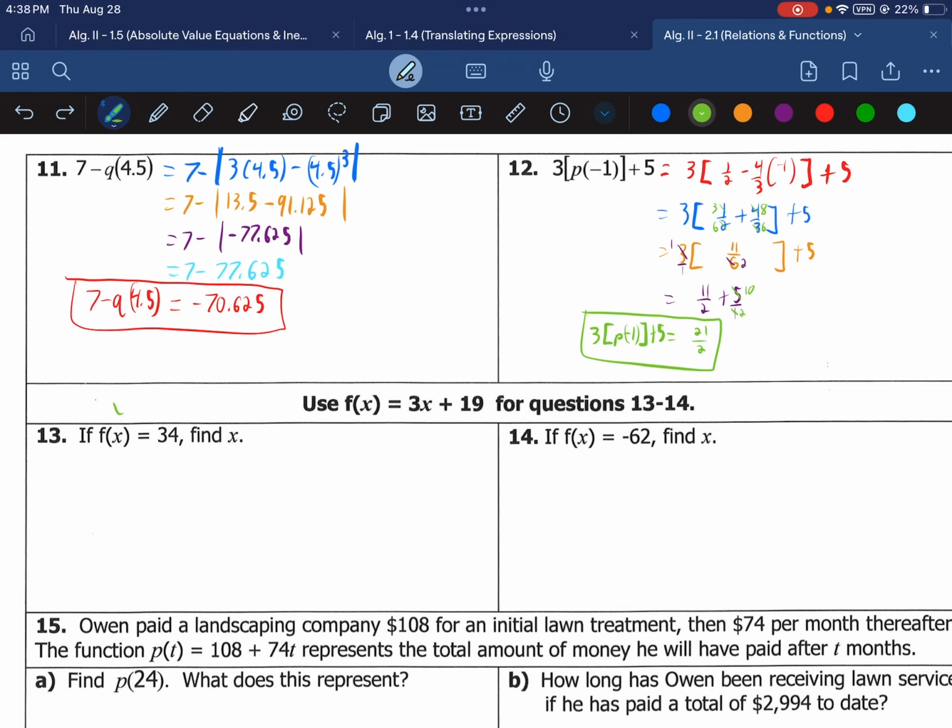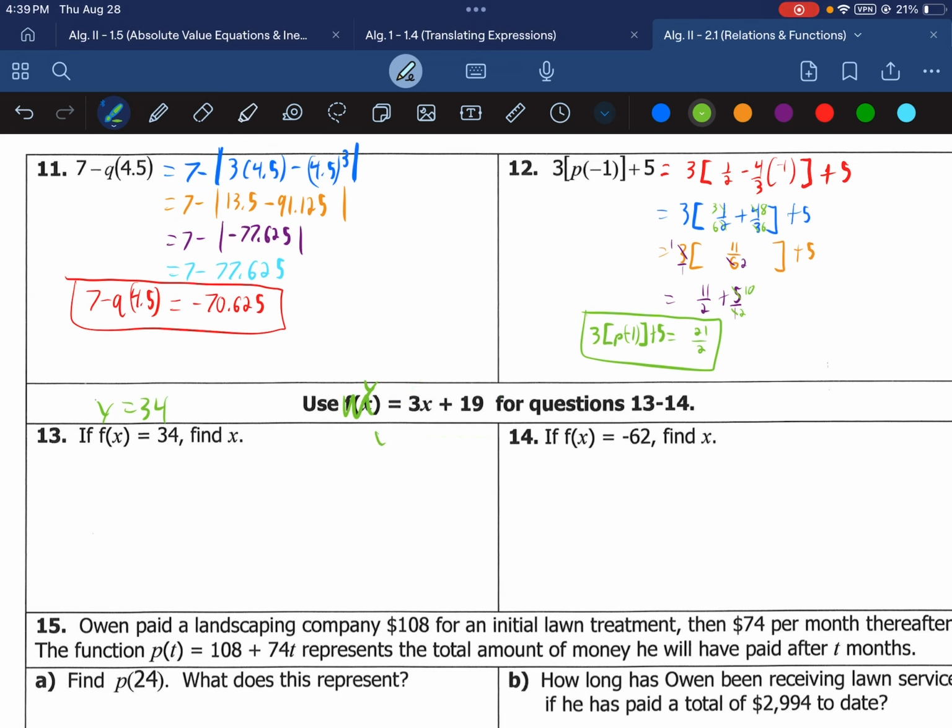And just like sometimes there's multiple buttons, it's possible there could be multiple answers depending on if it's an absolute value problem, for example. So I use f of x equals this as my base. And so reminder, if this was y and y equals 34, what would happen is we would just replace y with 34 and set it equal to 3x plus 19.